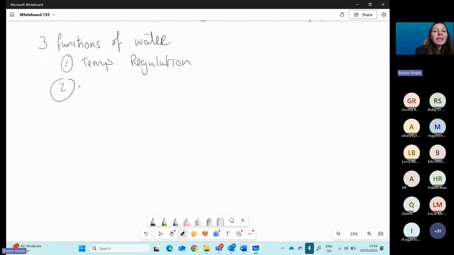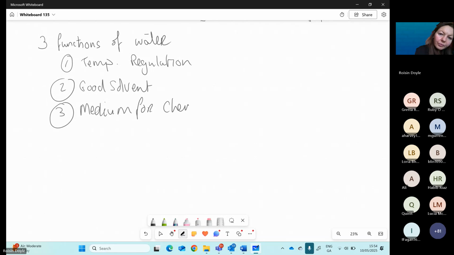Number 2, it is a good solvent. Number 3, it is a medium for chemical reactions. You could, of course, say it's involved in chemical reactions. Number 4, you can say it's transport.